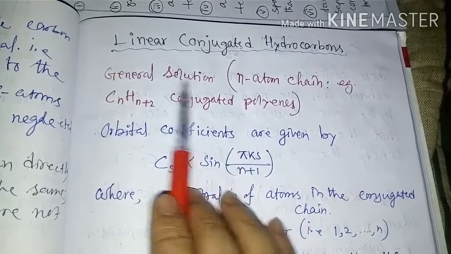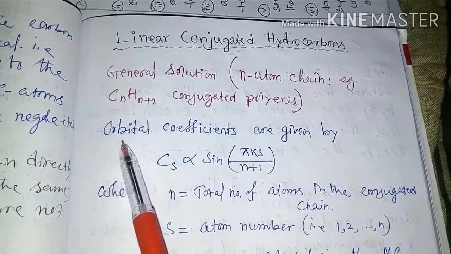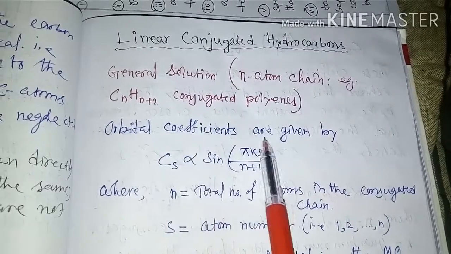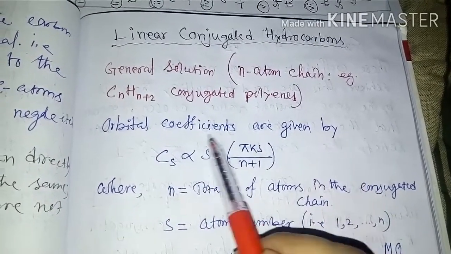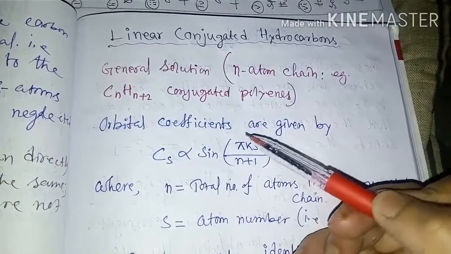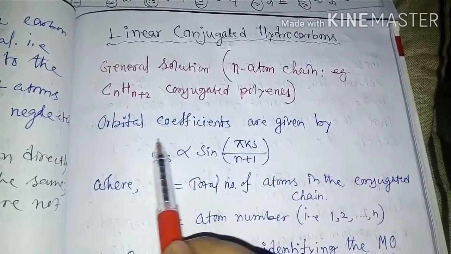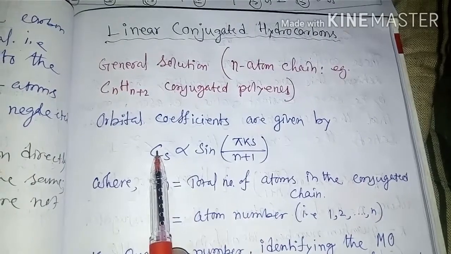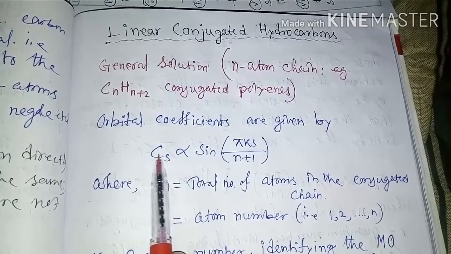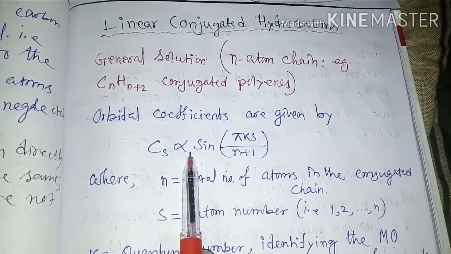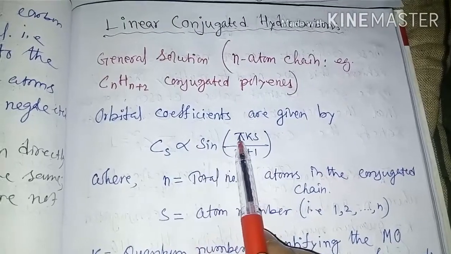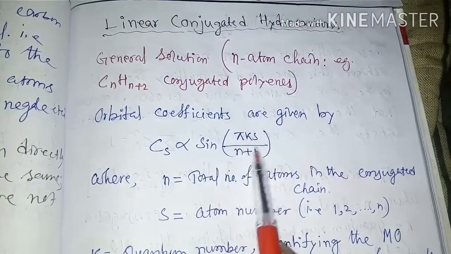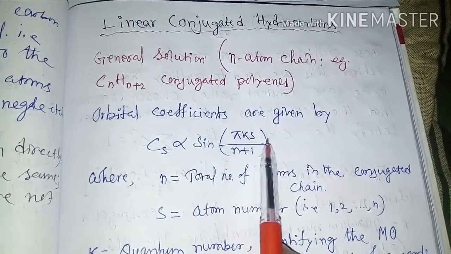The orbital coefficients are given by one formula, the orbital coefficient formula. The coefficient of carbon s is directly proportional to sine of pi k s divided by n plus 1.